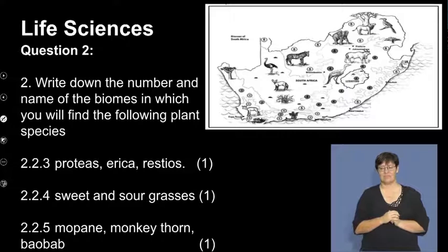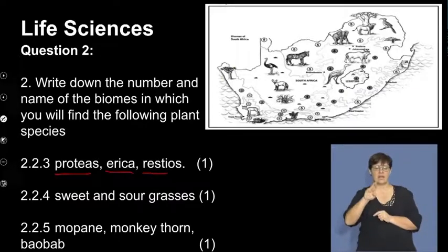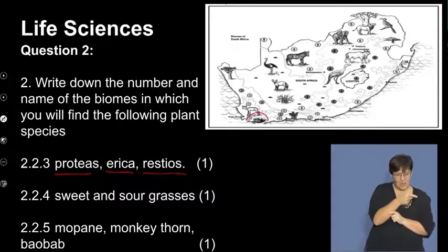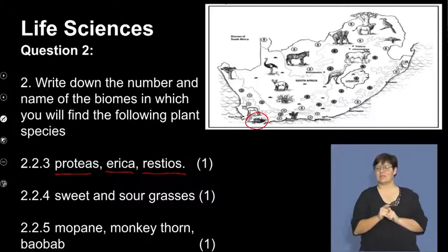Okay, we move on to the next bit, where we expect to do the same. But plants or areas in biomes that have proteas, ericas, and your restios. Here on the map, we can clearly see an area which has the proteas. So that would be your fynbos, and that's in area 1.